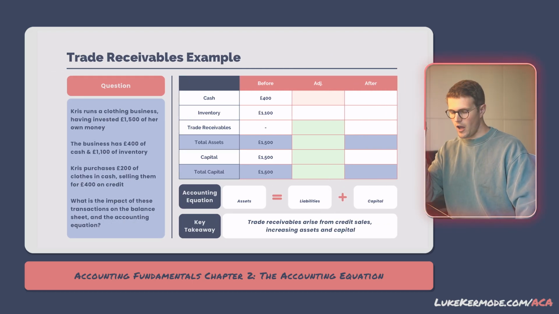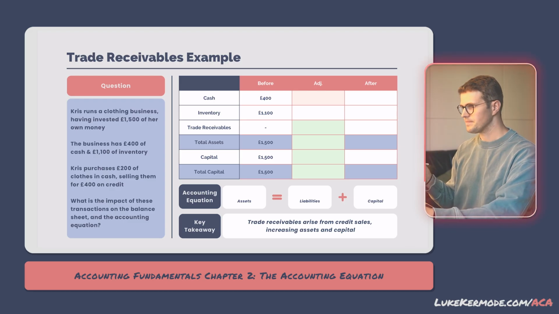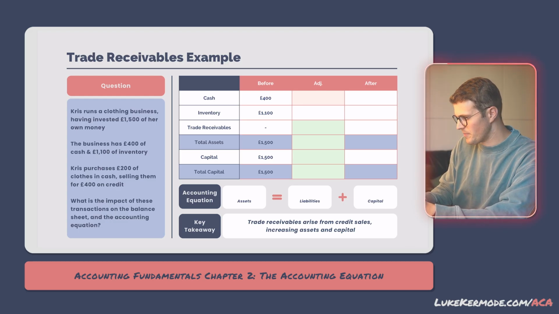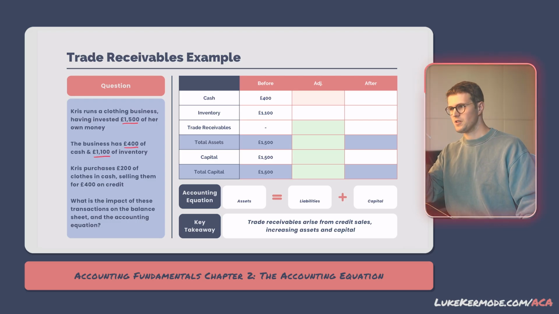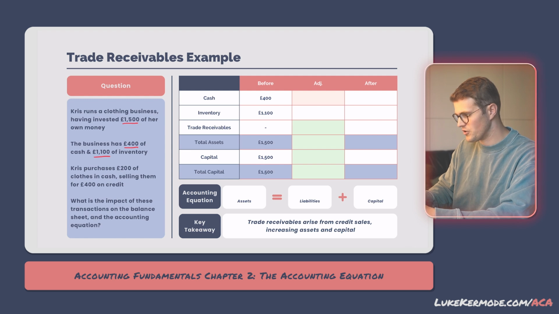Let's now apply everything we've learned about receivables with an example focusing on Chris and his clothing store business. To begin with, Chris had £1,500 worth of capital, £400 worth of cash, £1,100 of inventory. Chris decides to purchase an extra £200 worth of clothes, paying in cash.